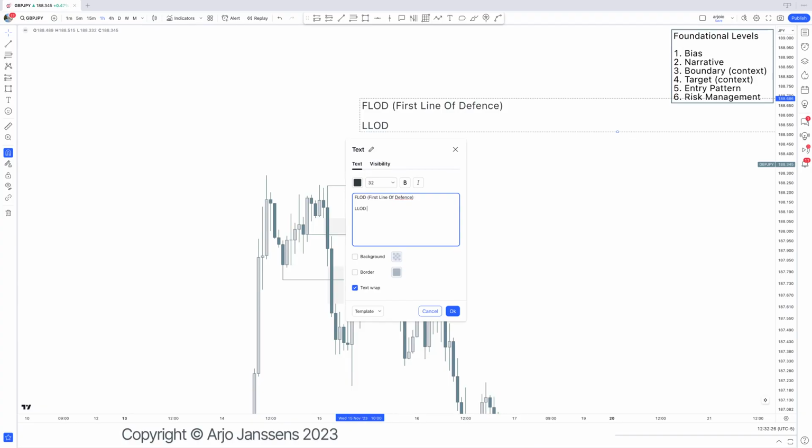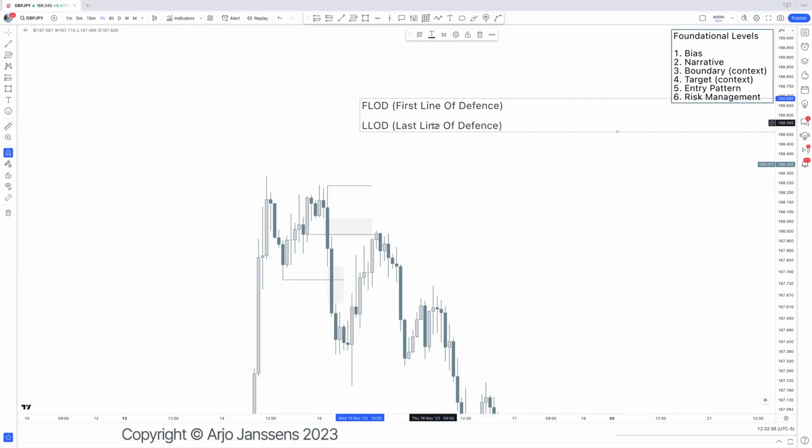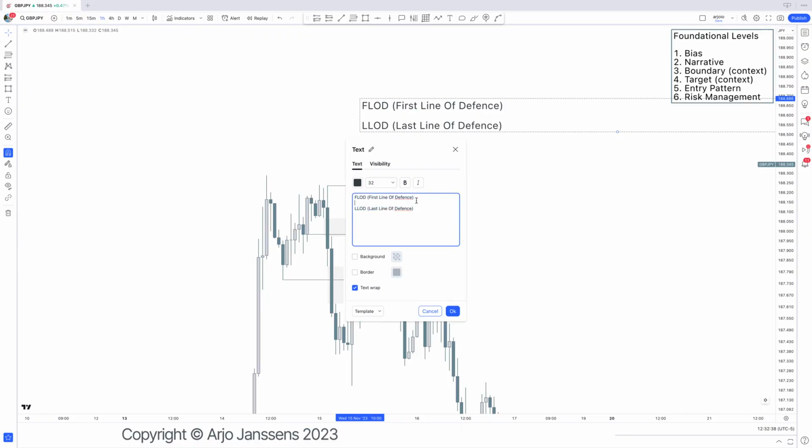That is also something that we are going to explain. So that stands for last line of defense. So we have first line of defense and then we have last line of defense. Now we also have the OD, and that is the overlapping defense.